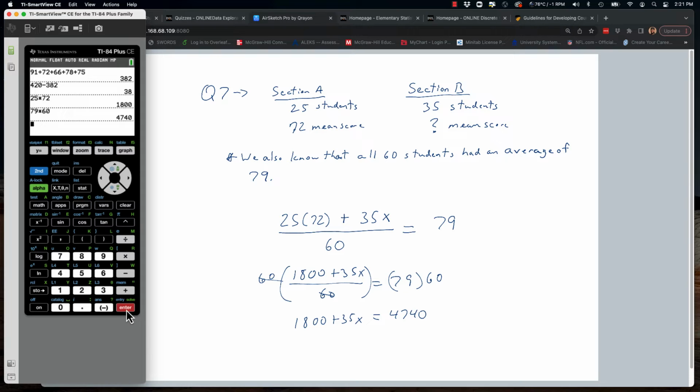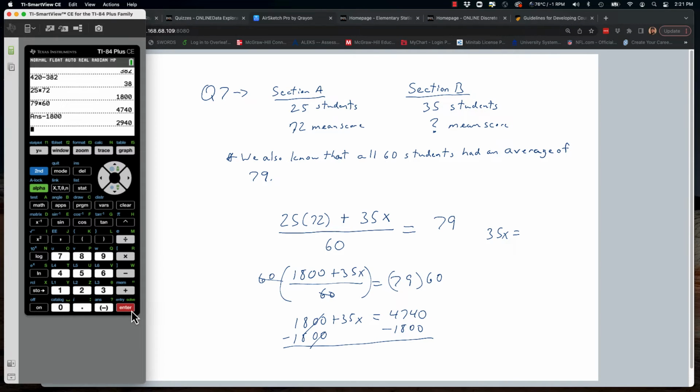And then we just got to do a little bit more simplification. I'm going to subtract the 1800 from both sides because it doesn't have an x involved in it. All right. Now I'm going to get 35x equals, let's see, 4740 minus 1800, 2940.